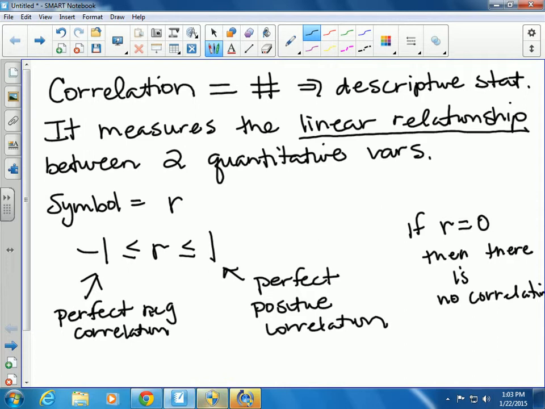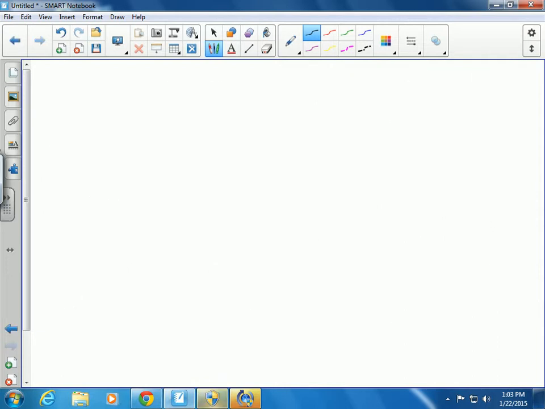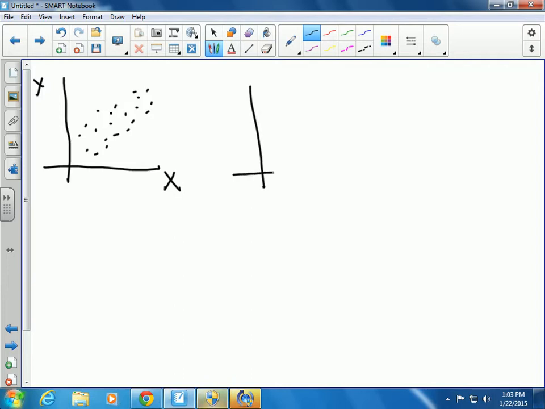Okay, so what I'm going to do is give you some pictures so we can look at it from a scatter plot perspective. Okay, so here's a scatter plot of two variables, x and y. Here's a scatter plot of x and y.